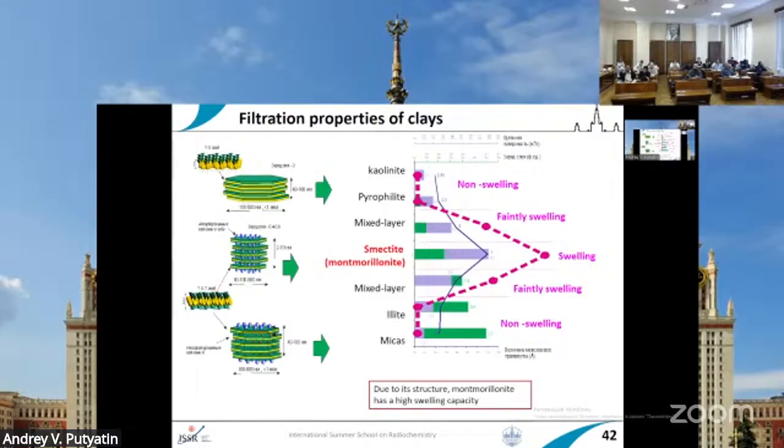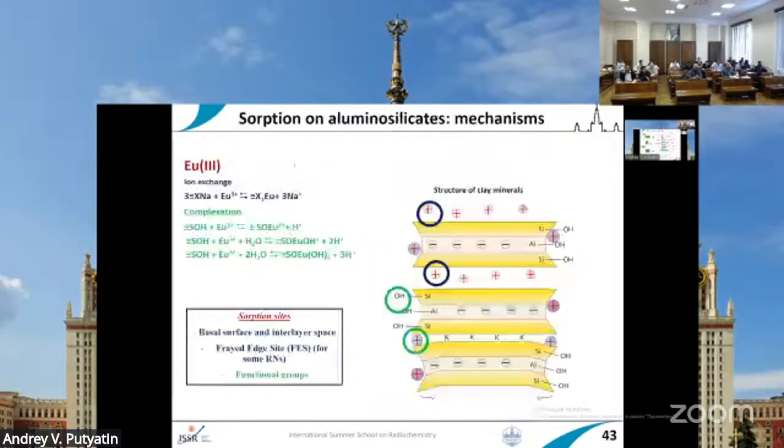And they can create additional swelling pressure on the cask, on the materials. So there should be some combination of good swelling materials and non-swelling materials, depending again on the design of the repository. The chemical properties, one of them is the sorption of the radionuclides.